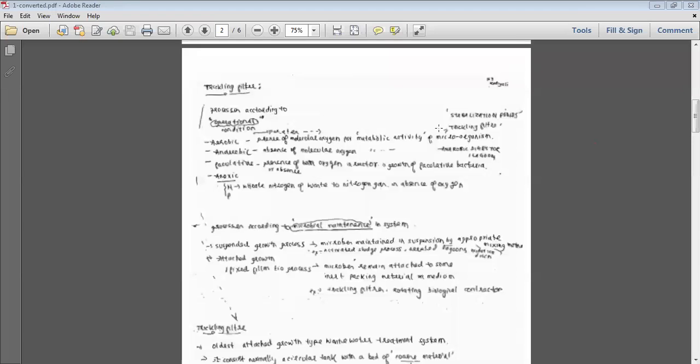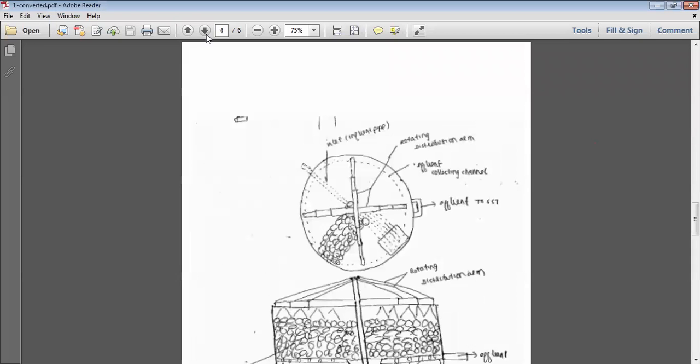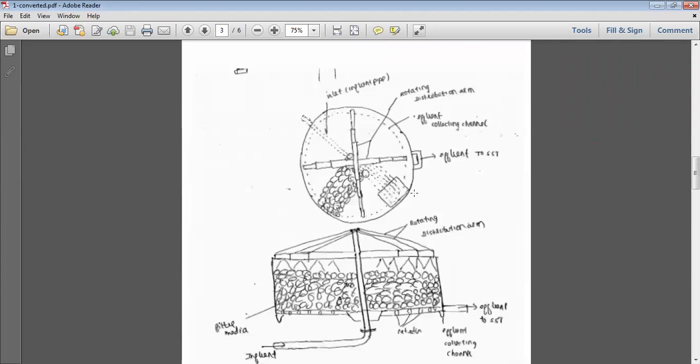So, you're seeing the diagram here. It's slightly delayed, two or three minutes delay is going on.